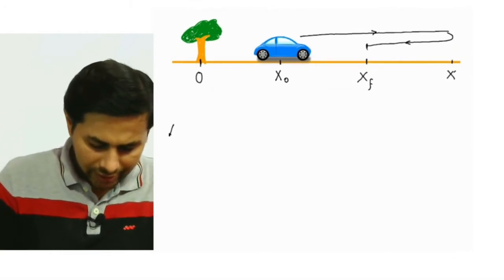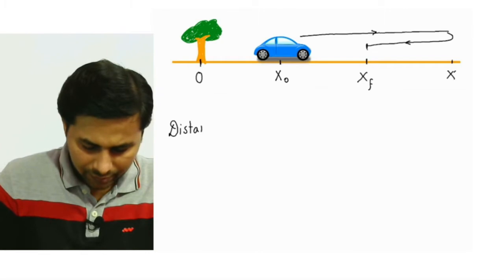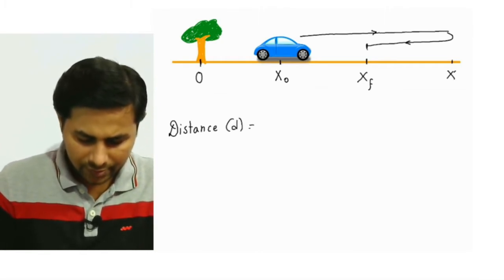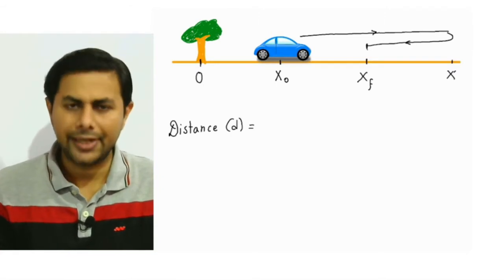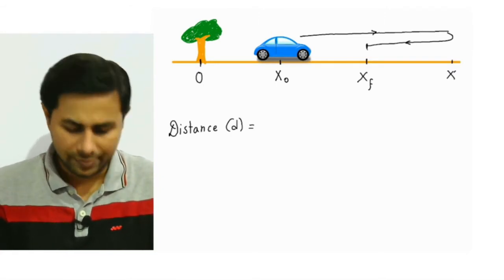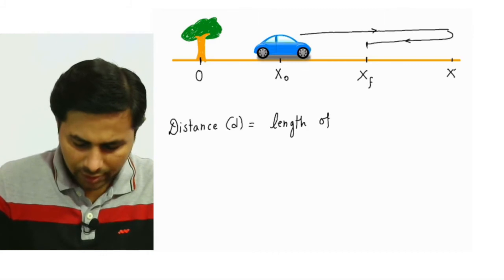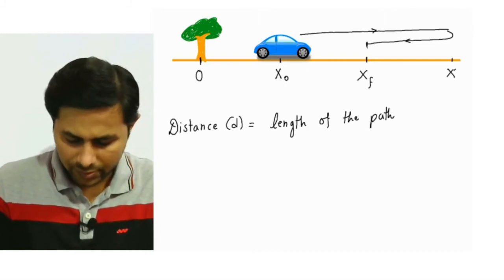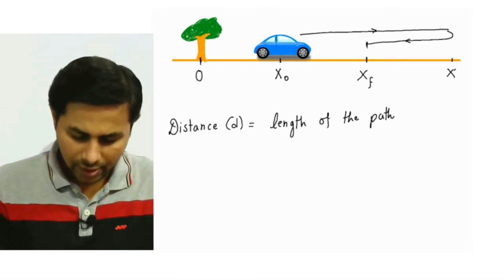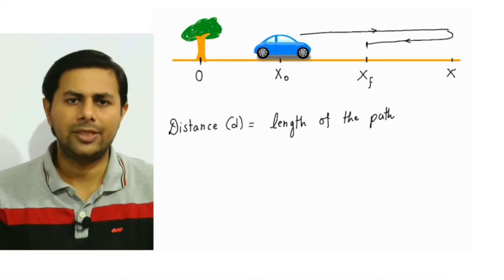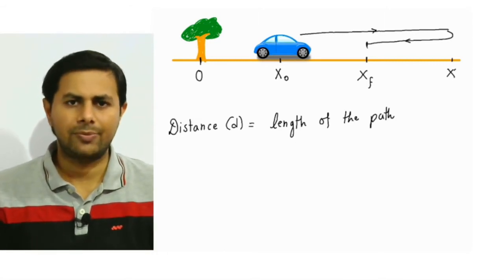So the distance covered, we will denote it by d, and it is just the length of the path traveled by the car.